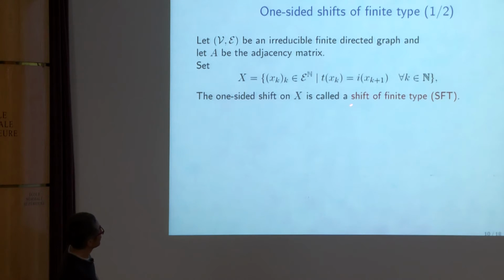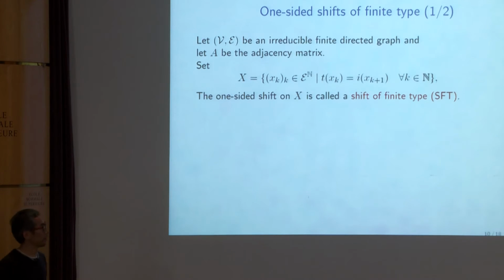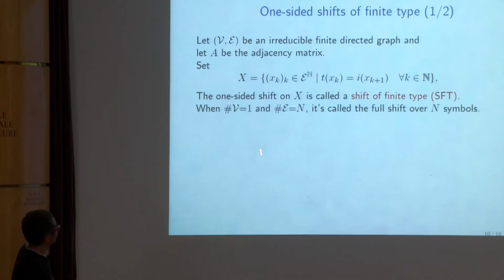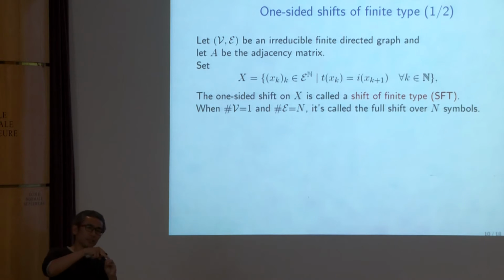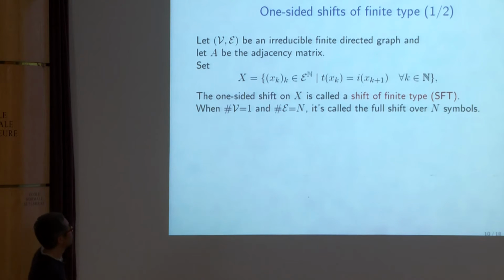But this dynamics is a fundamental object in the study of symbolic dynamics, and it's called a shift of finite type, SFT. And when I have only one vertex and n edges, so each edge is a loop at this unique vertex, then it's called the full shift over n symbols.